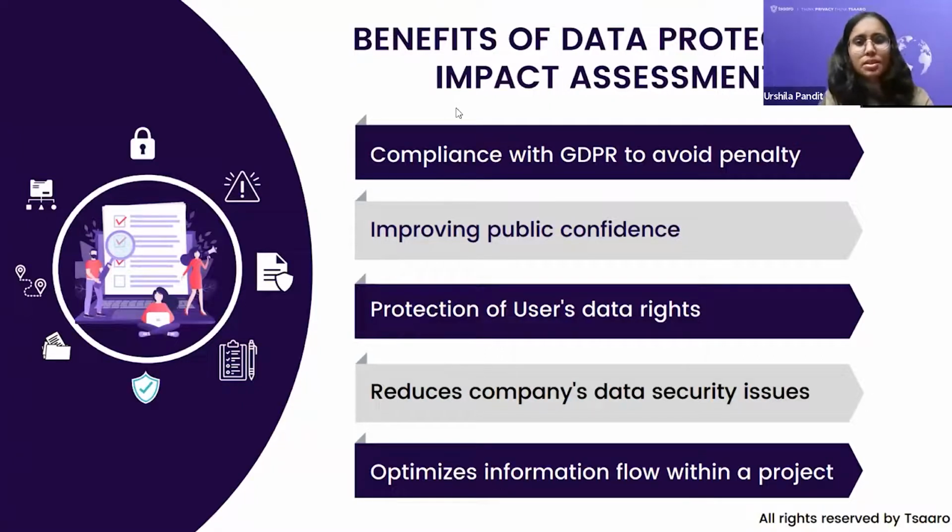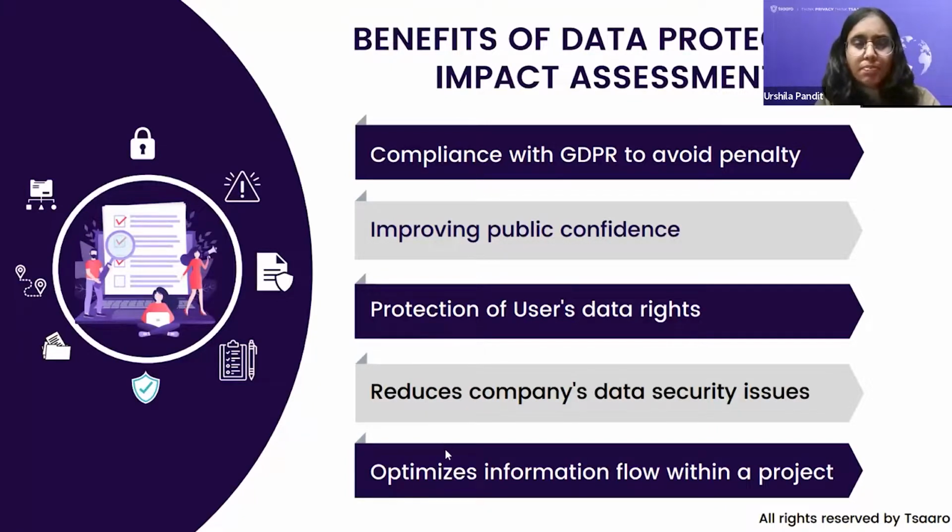What this means, the last point, is that when doing a data protection impact assessment, the first step to take is to understand the data flow in an organization, or the data flow in a particular process in which the DPIA is going to take place. So initially you would either create a data flow diagram, or you would create a sort of ROPA document on the basis of which you would then conduct a data protection impact assessment.